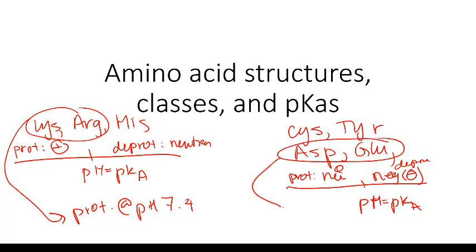But only aspartate and glutamate consistently have a large population deprotonated at 7.4, since their pKas are a little bit lower. And again, remember, we're thinking about the ratio of the population. It's not that all of the amino acids are carrying that charge. The further away you get from the pKa, the higher the proportion of the conjugate base to the conjugate acid, or vice versa.